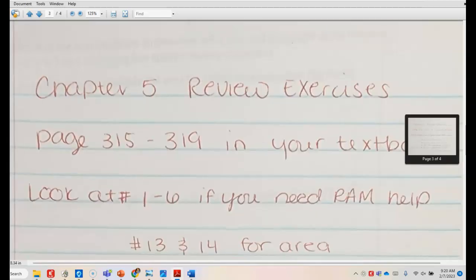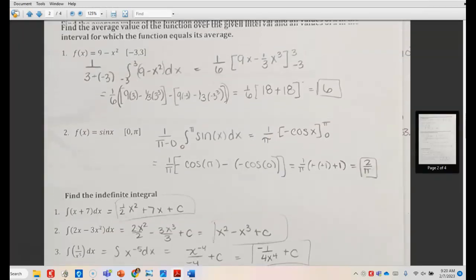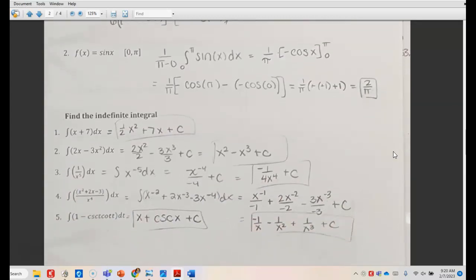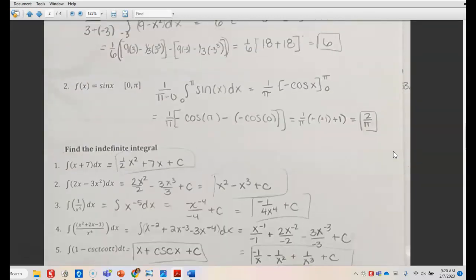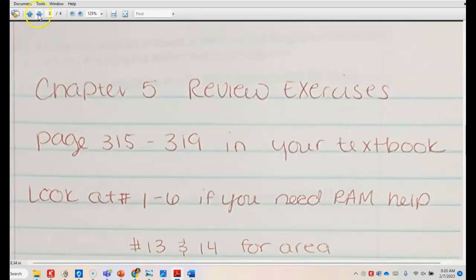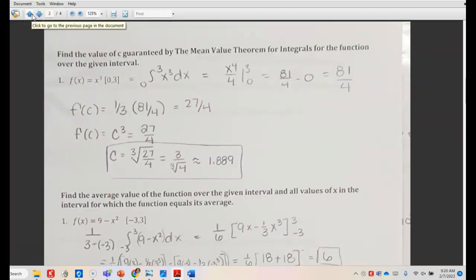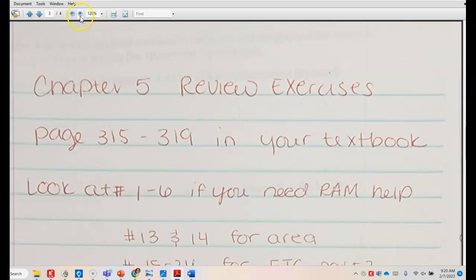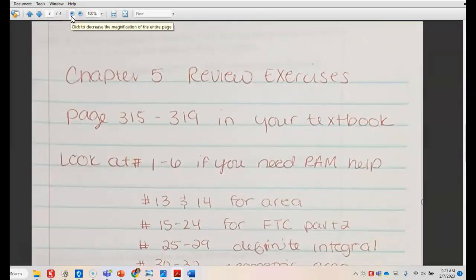Okay. Then these are my suggested textbook problems.